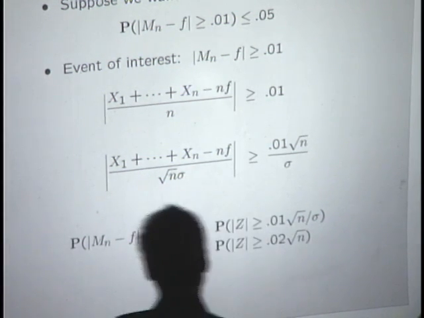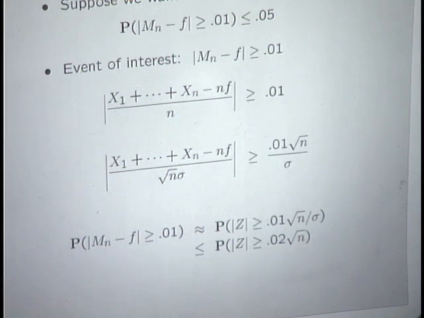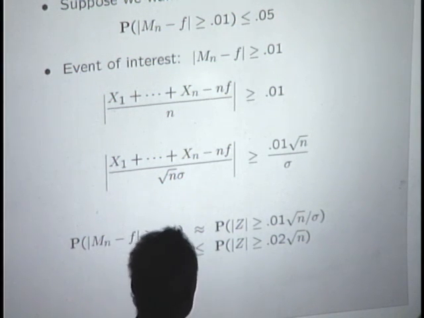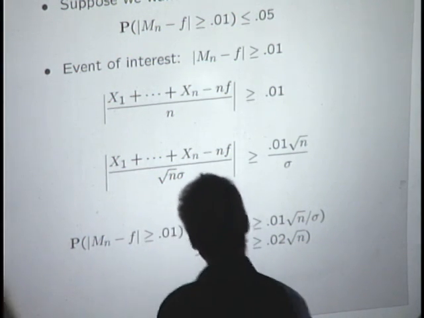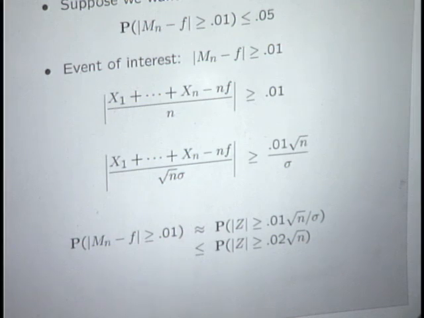There's a small difficulty here, the one that we also encountered last time. And the difficulty is that the standard deviation sigma of the xi's is not known. Sigma in this example is f times 1 minus f.